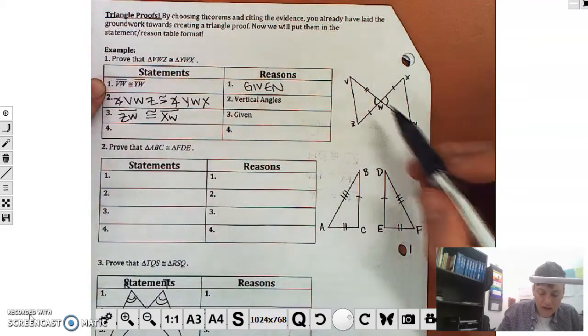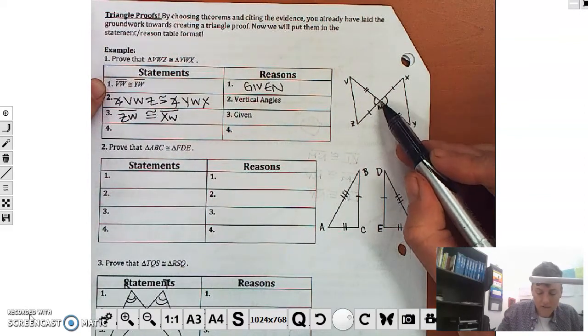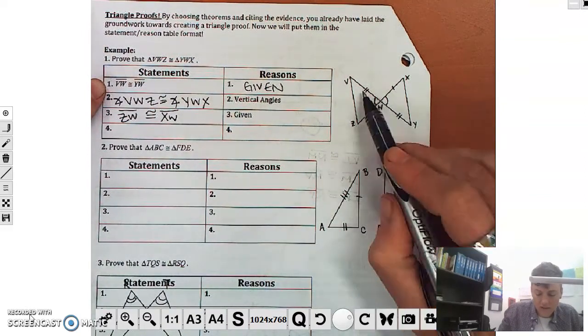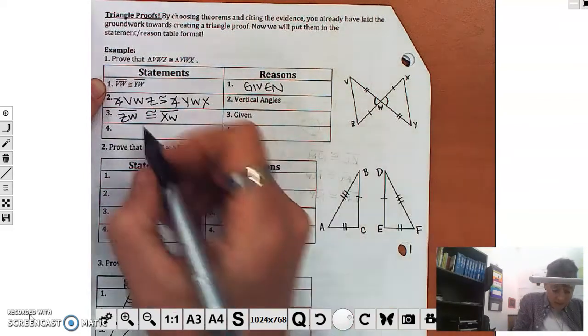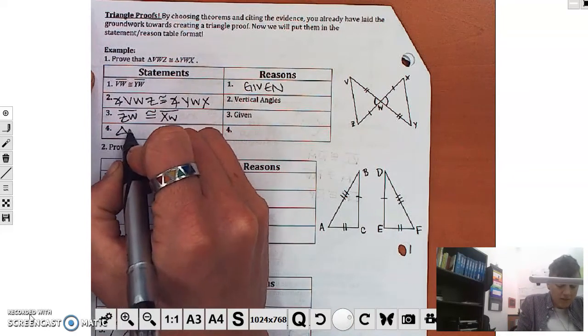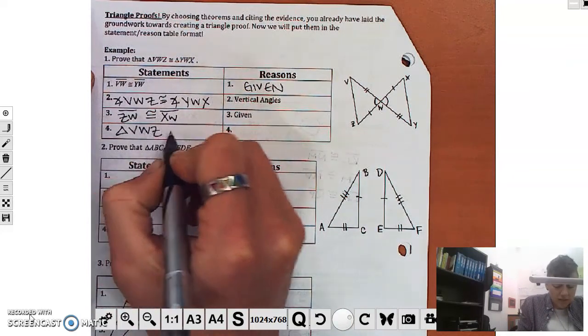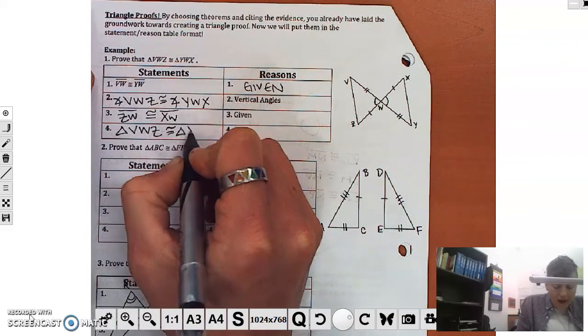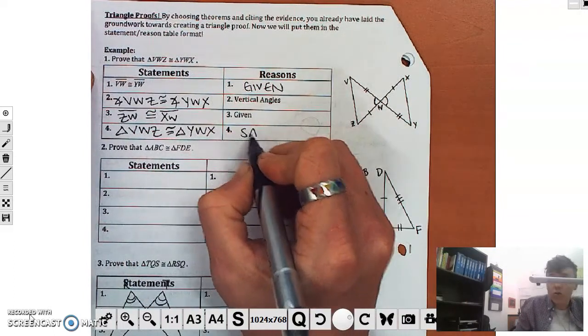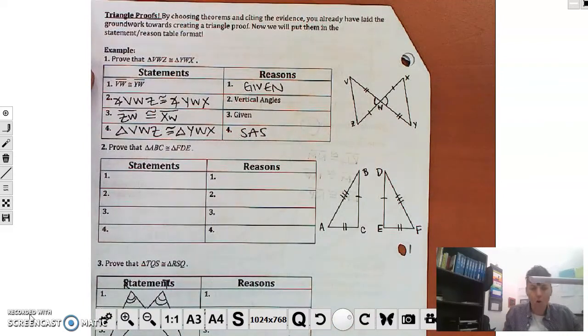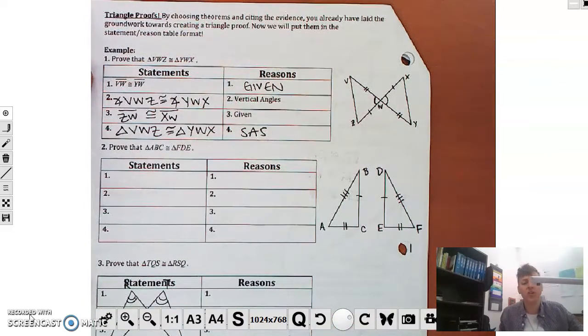So now we've got a side and an angle and a side, a pair of sides, a pair of angles, a pair of sides in that order that are congruent. So that means the triangle BWZ is congruent to triangle YWX by side, angle, side. Oh yes. Wonderful.